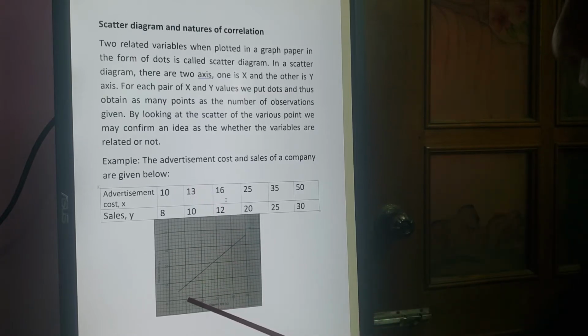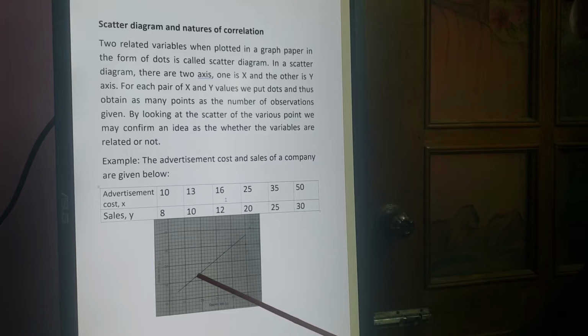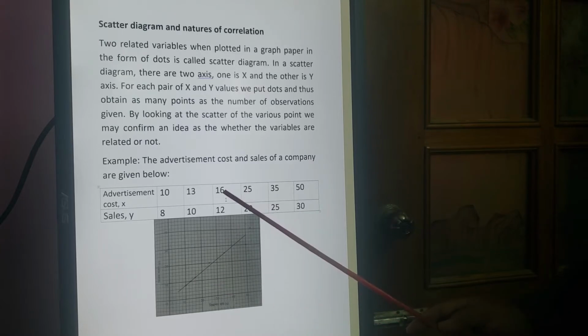So here it is 10, 20, 30, 40. First, X is 10, Y is 8. This is a dot. Then X is 13 and Y is 10. Then X is 16 and Y is 12; each smallest square equals 2 units, so we put a dot at 16, 12.